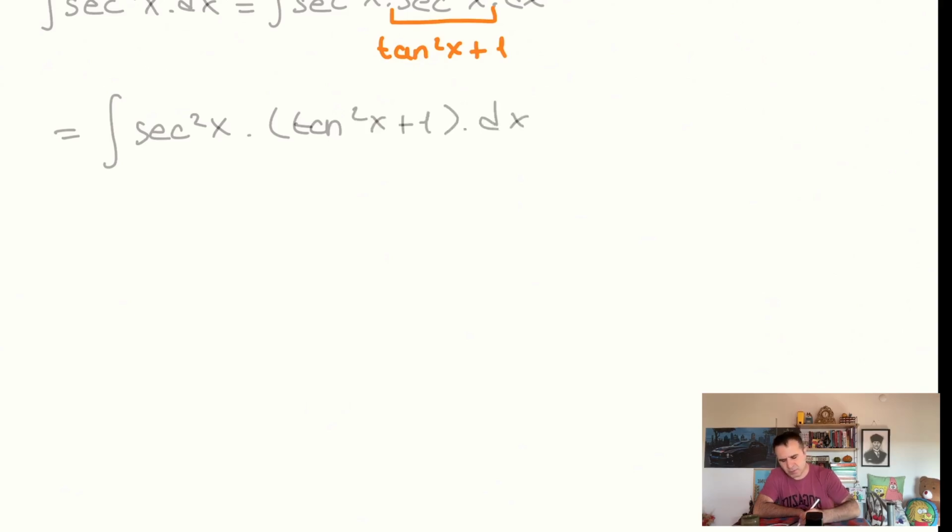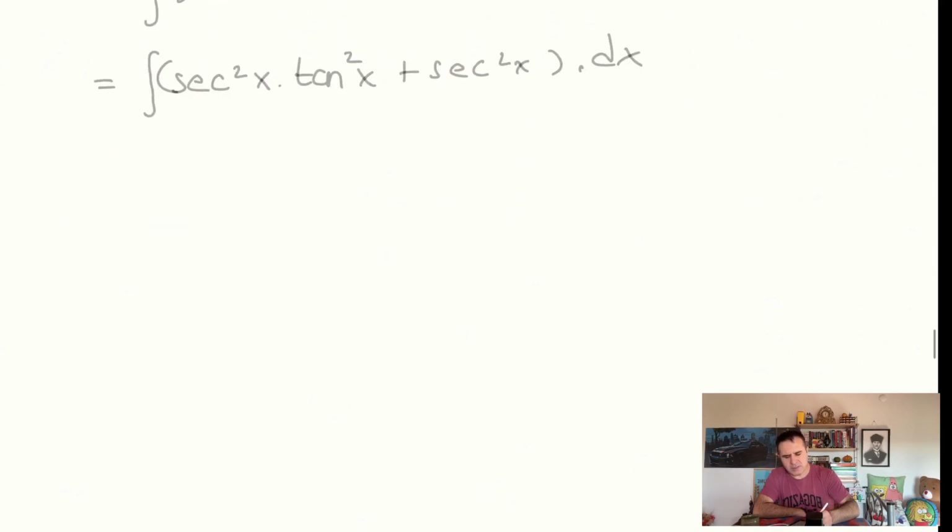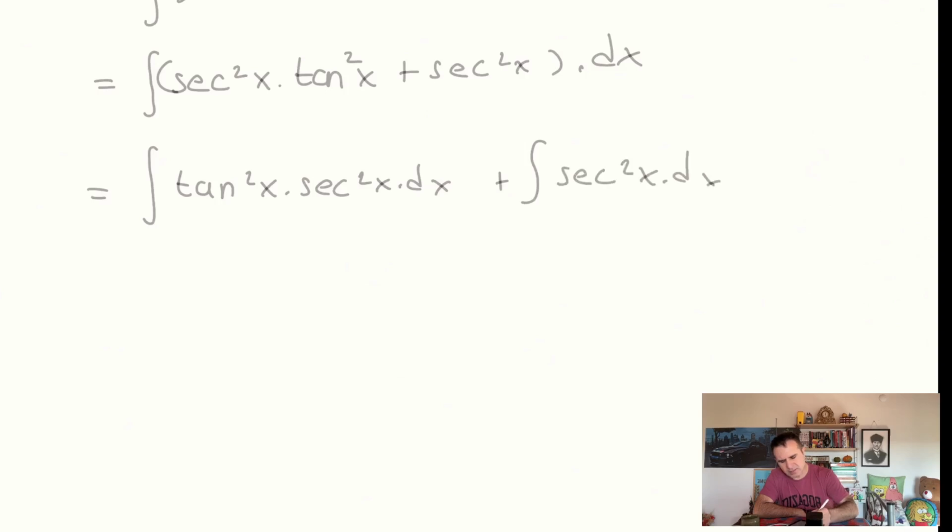And if we multiply this, the integral becomes secant square of x times tangent square of x plus secant square of x dx. And we can split this integral into two parts: integral of tangent square of x secant square of x dx plus integral of secant square of x dx.